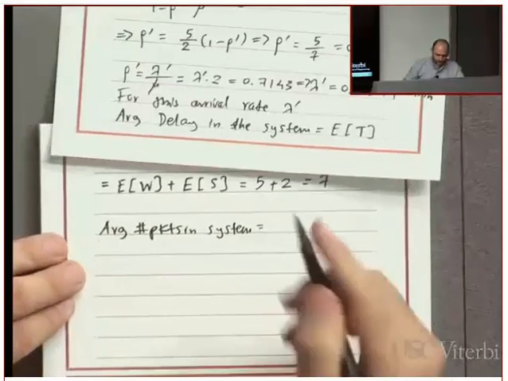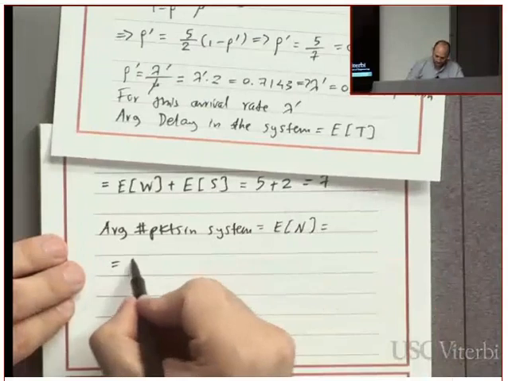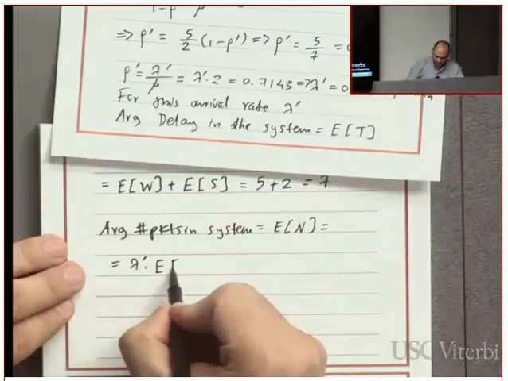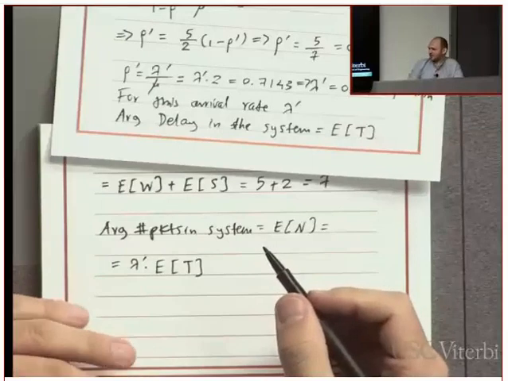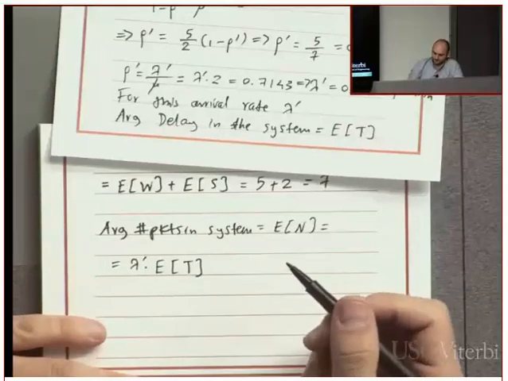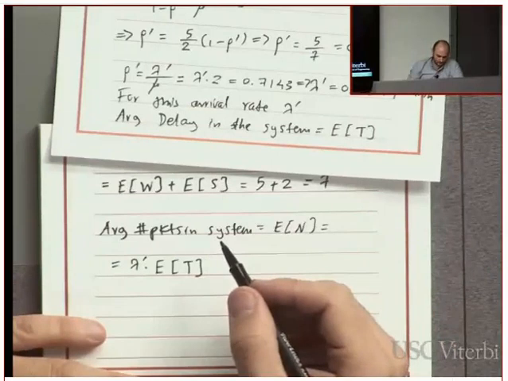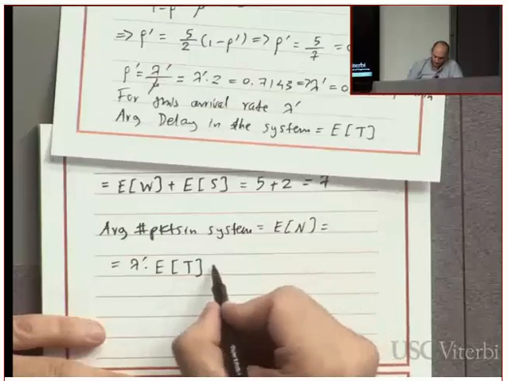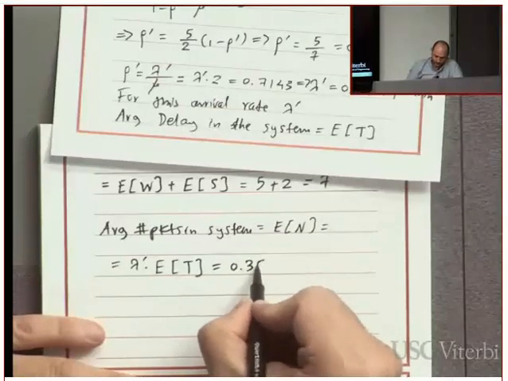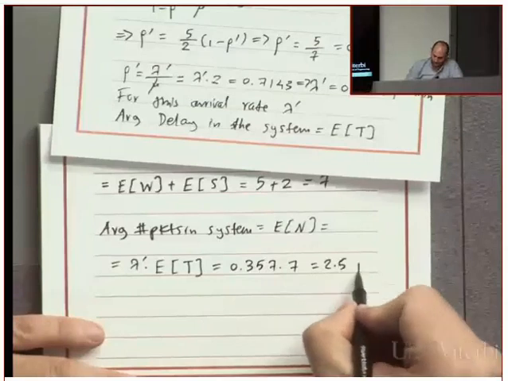So the average number of packets in the system is expected N, and this is equal to lambda prime times expected T. Sounds like Little's law here. 0.357 times 7, and this is 2.5 packets.